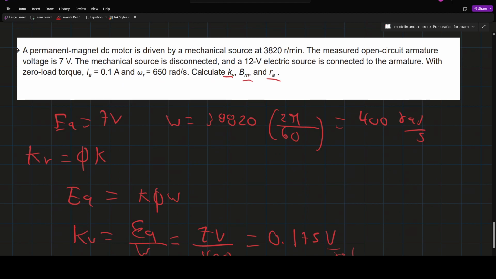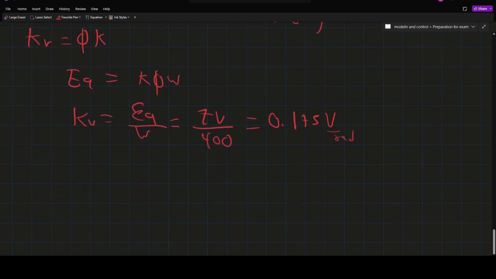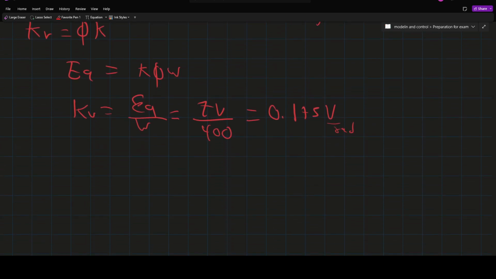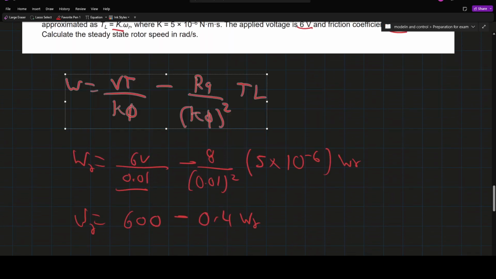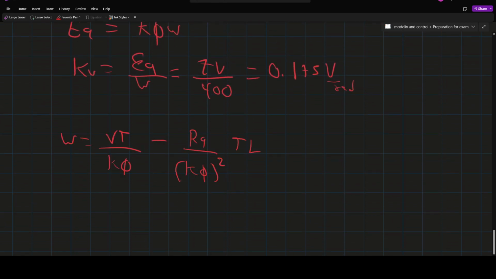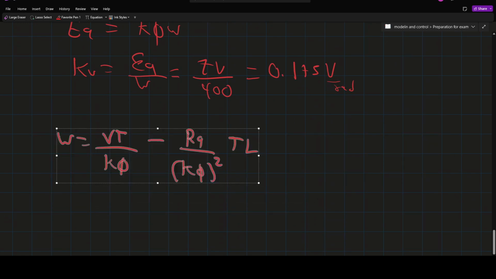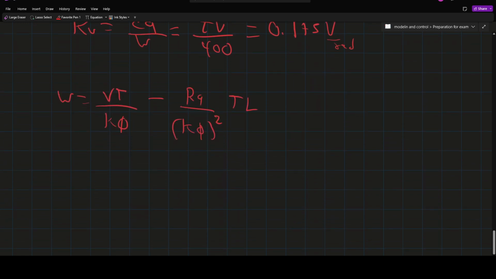Now to find our, let's find RA first. That is a little bit easier. So we have our initial formula for speed, and here we can see RA. Now let's try to simplify this a little bit to get RA.